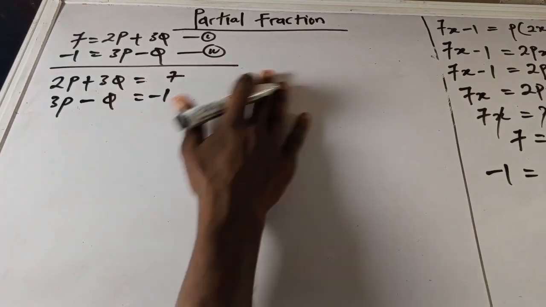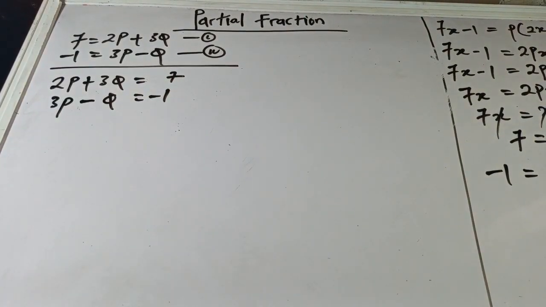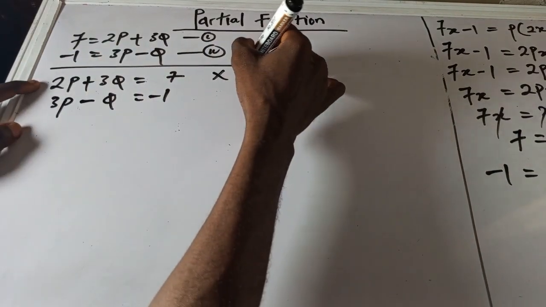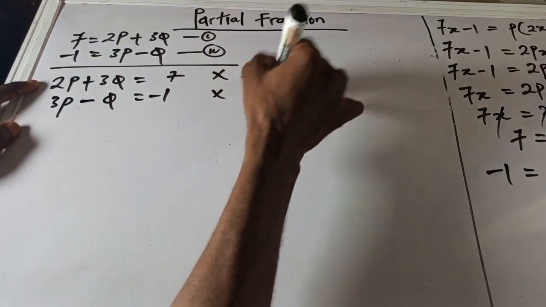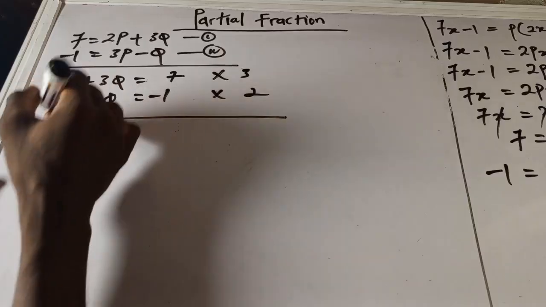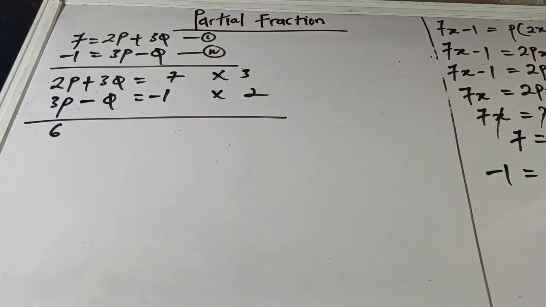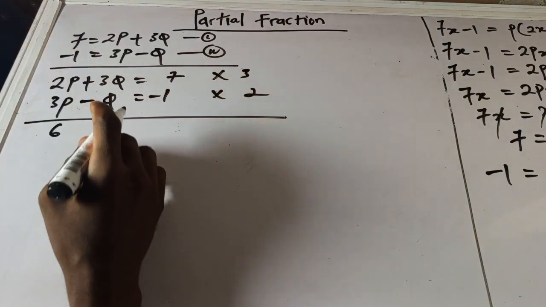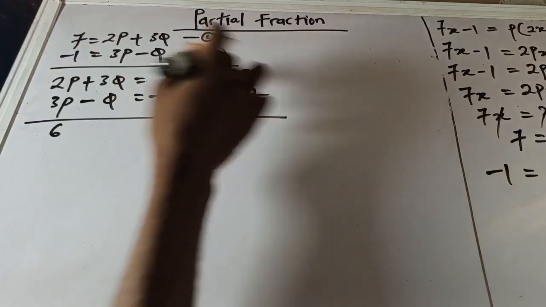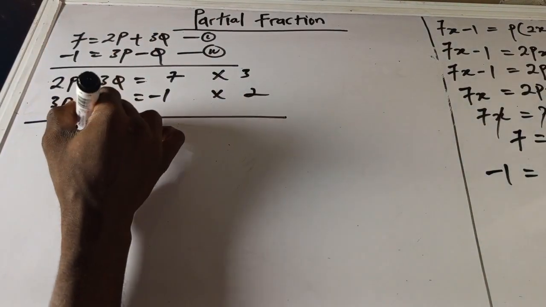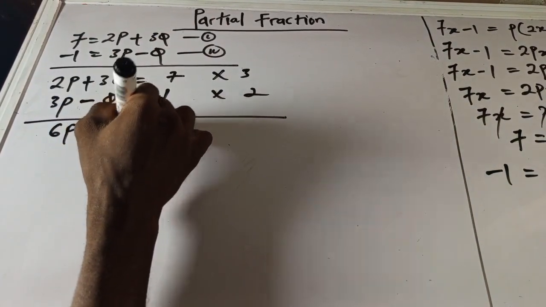All right, so next we multiply here by 3 rather, then here by 2. So we have 3 times this, we have 6p. 3 times this, we have 9q.